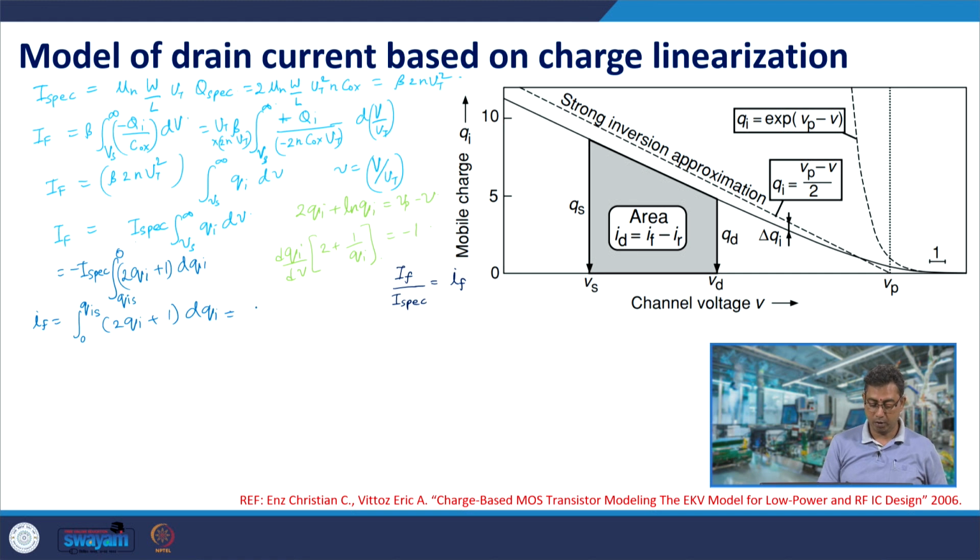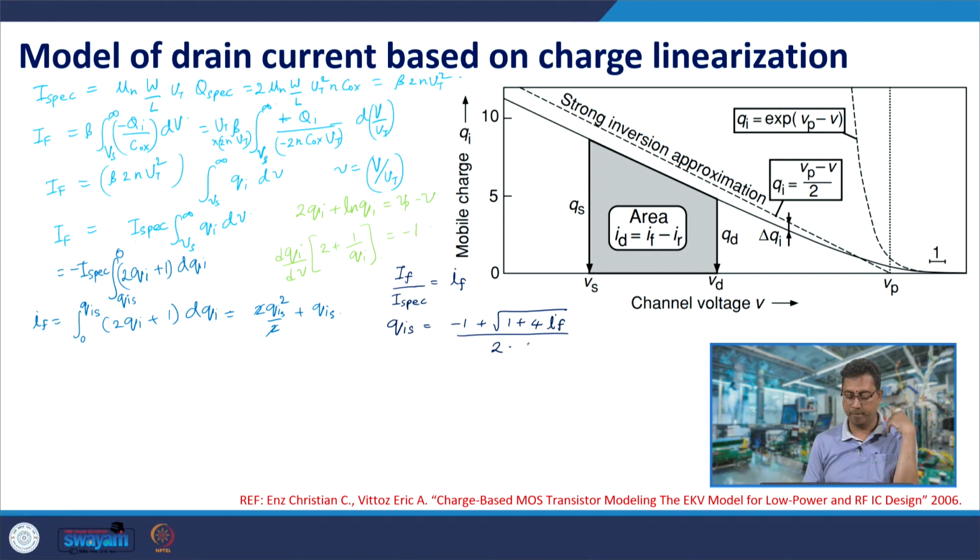This is 2 Qi square by 2 plus Qi at source. You could also rewrite this Qi in terms of If. You could say that Qi at source is minus 1 plus square root of 1 plus 4 If, sorry, this is normalized If, by 2.